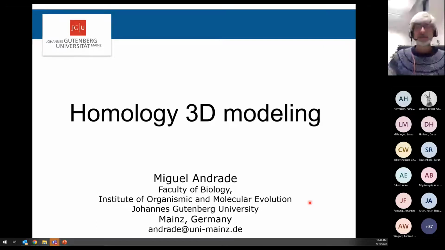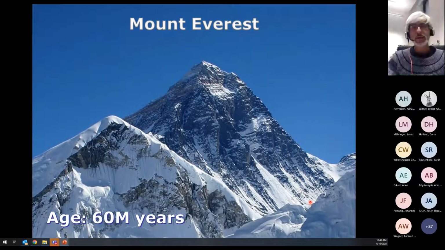I want to start with a comparison between biology and geology, actually. So we have here the tallest mountain on Earth, 8 kilometers tall, an incredible amount of rock, massive weight, and it has a very long age, like 60 million years.